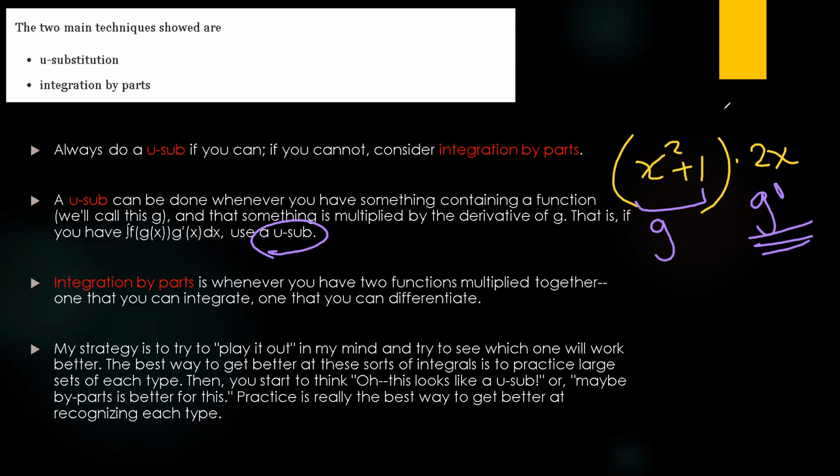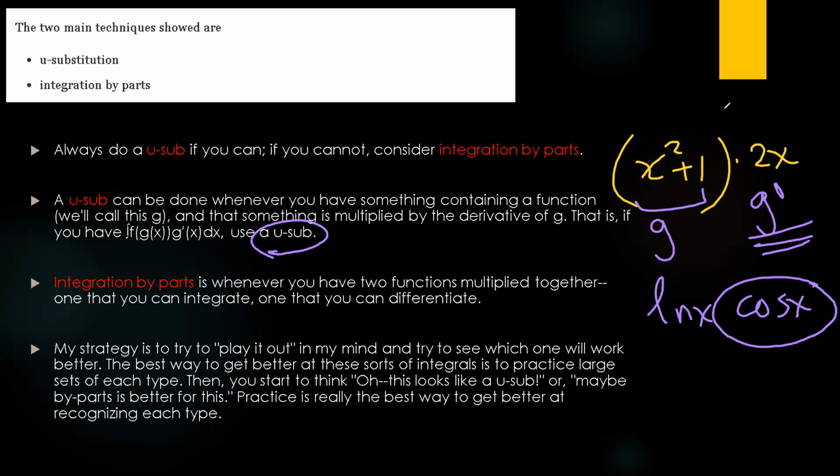But if you see that there are two functions with no relation between them, such as ln and cosine, if I find the derivative of cosine, it's not ln, or the derivative of ln, it's not cosine, go to integration by parts.